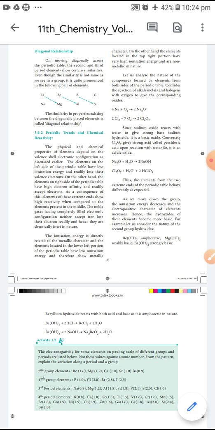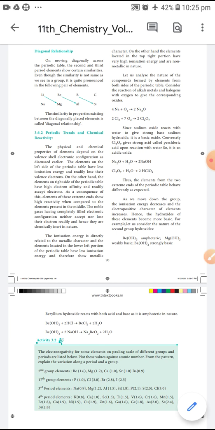These s-block elements have low ionization energy and readily lose their valence electrons. The elements on the right side of the periodic table, that is p-block elements, have high electron affinity and readily accept electrons. The elements at these extremes show high reactivity when compared to the elements present in the middle.